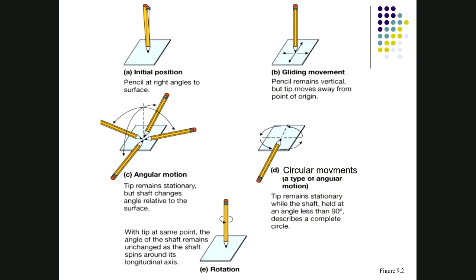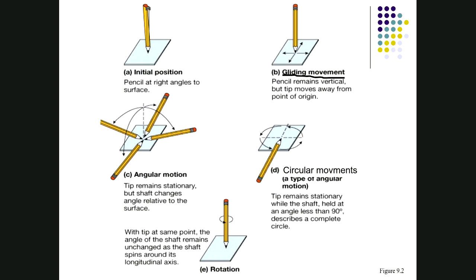Well, before we talk about those, I want you to look at this graphic, and it's a pretty good graphic. If you think about a pencil on a piece of paper, there are lots of ways to move this pencil. One thing you can do is put the point on the paper, don't move the point, but then just slide it around. So keep the pencil straight up and down, but slide it around. That looks like a gliding movement.